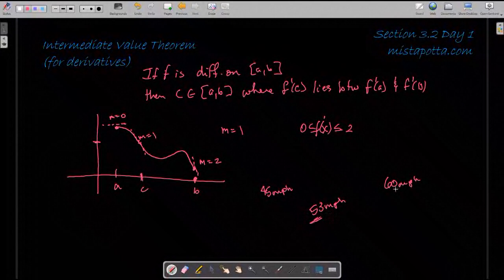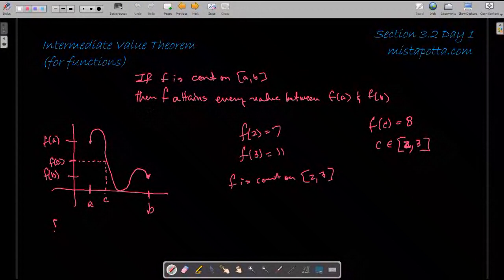Every value between 45 and 60 has to get hit at least once, perhaps more than once, but at least somewhere along the way, that derivative value has to be hit. Just like at least somewhere along the way, I have to pass through any particular y value somewhere on my curve.